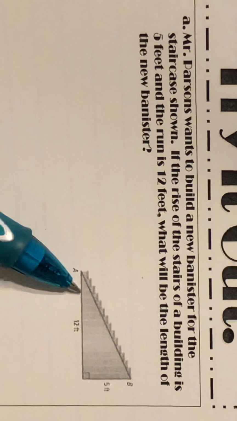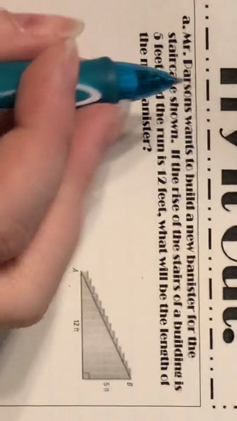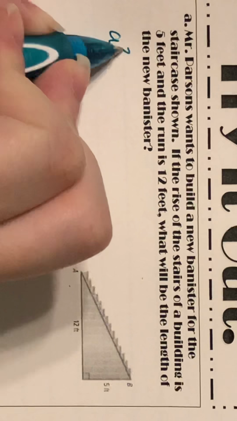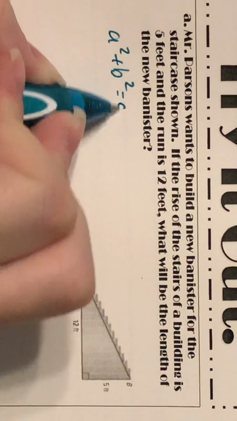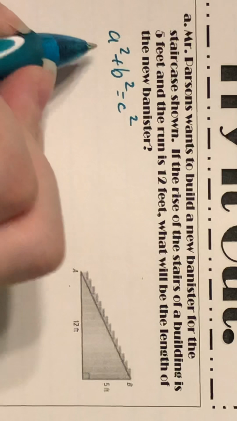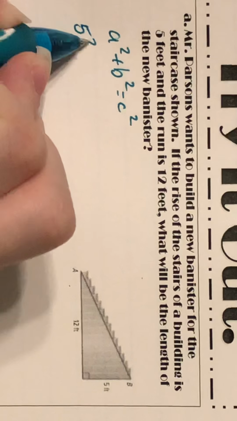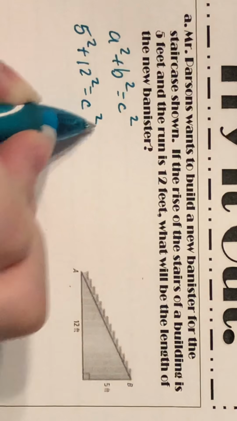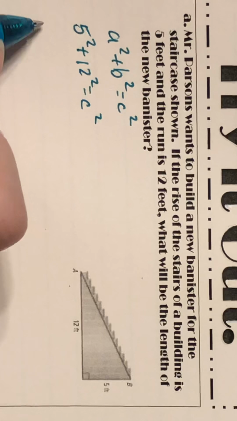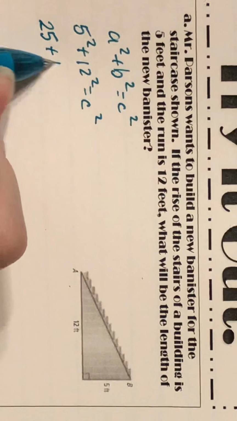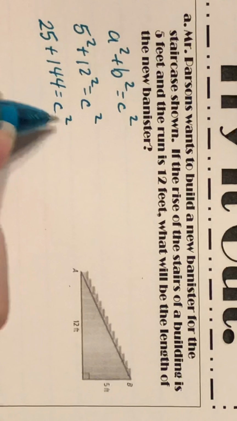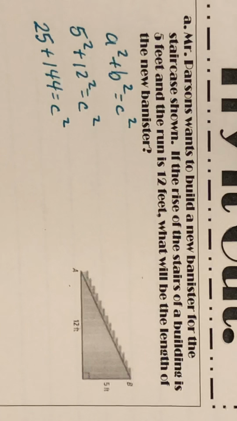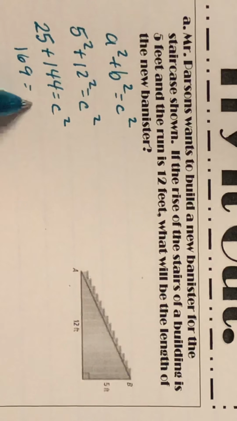Notice that this forms a right triangle. So I can use the Pythagorean theorem. A squared plus B squared equals C squared. So I have 5 squared plus 12 squared equals C squared. 5 squared is 25. 12 squared is 144. 25 plus 144 is 169.